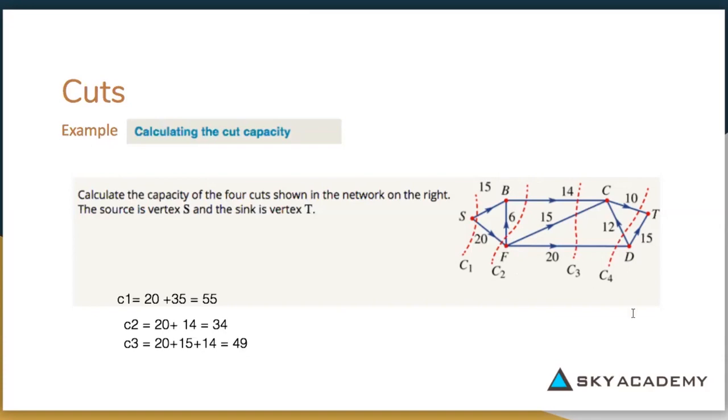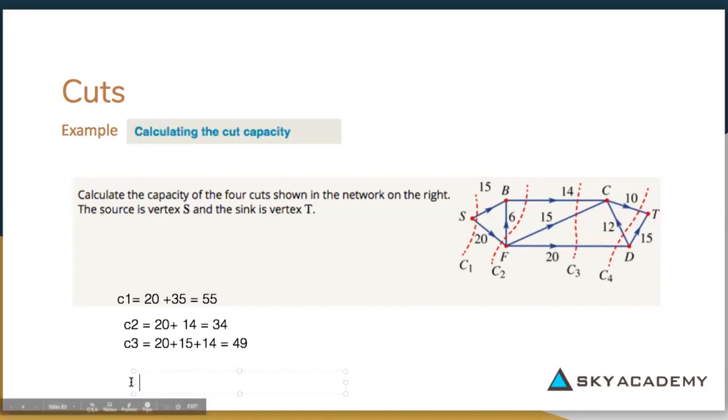Now let's have a look at cut 4. Cut 4 is a valid cut. However, the same as cut 2, DC worth 12 is not flowing from the source to the sink. It is flowing more from the sink to the source. And so we are not going to count it, and instead we're just going to count FD 20 and CT 10.